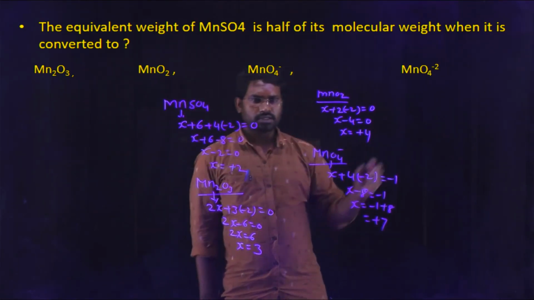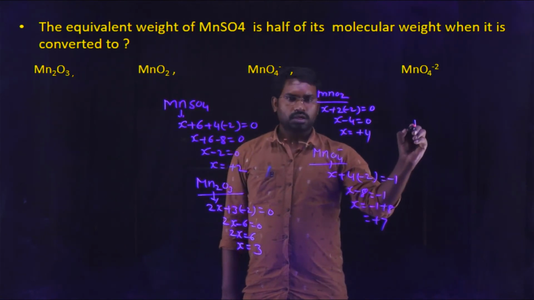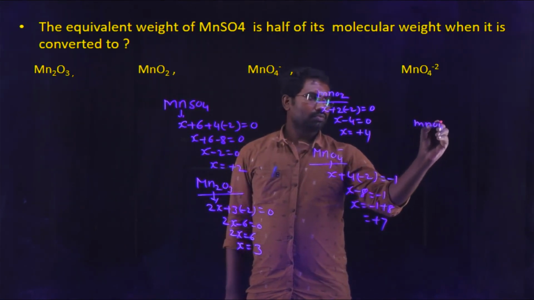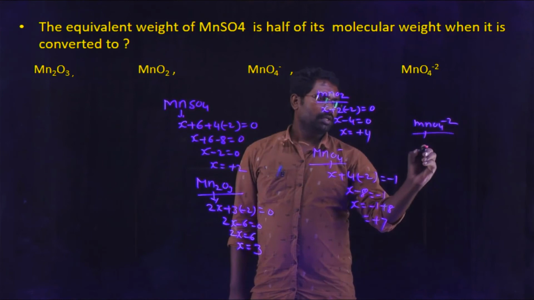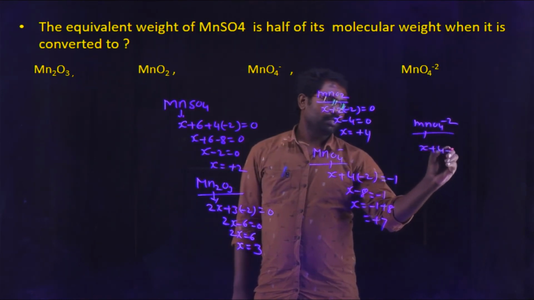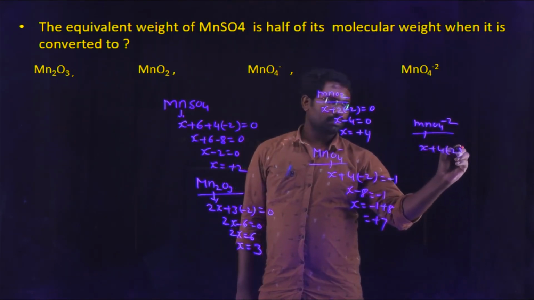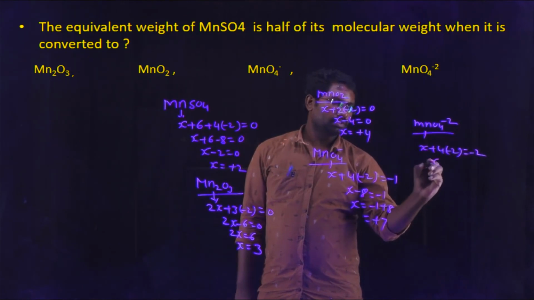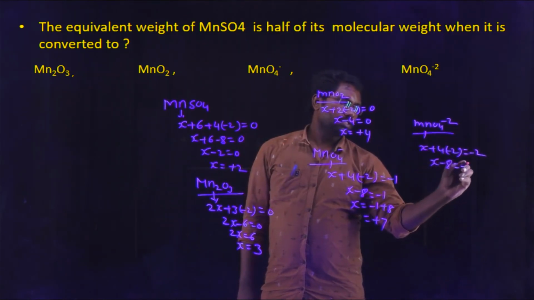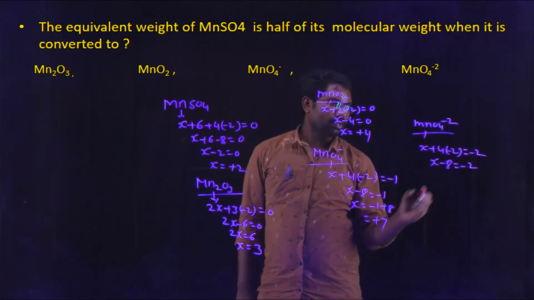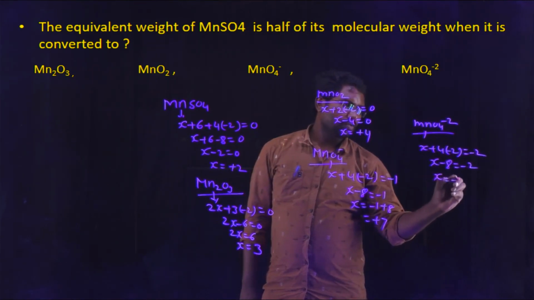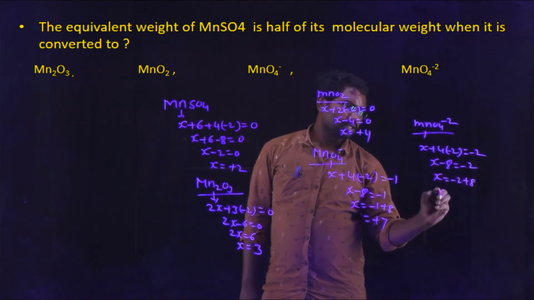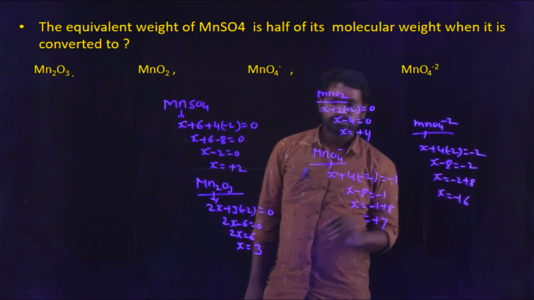And the final one, MnO4 2 minus: x plus 4 into minus 2, the charge is minus 2, x minus 8 is equal to minus 2, x is equal to minus 2 plus 8, x is equal to plus 6.